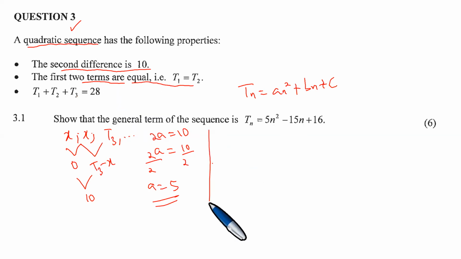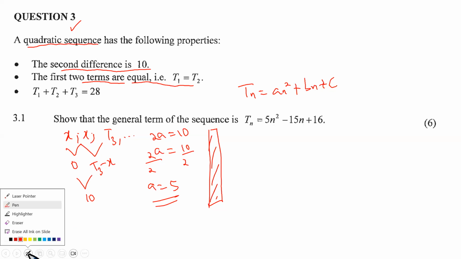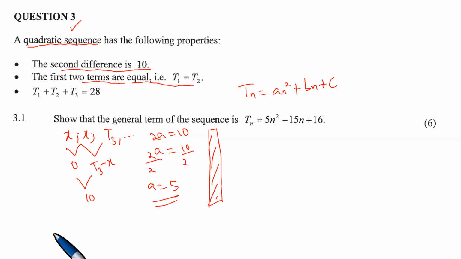Now, next thing, what do we do next? We divide the page. I want to mention something here, very important. Always this one is 2a equals this. This one is 3a plus b equals this. The first one is a plus b plus c equals x.